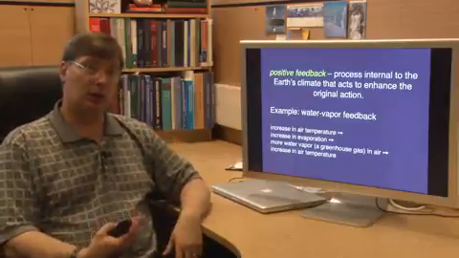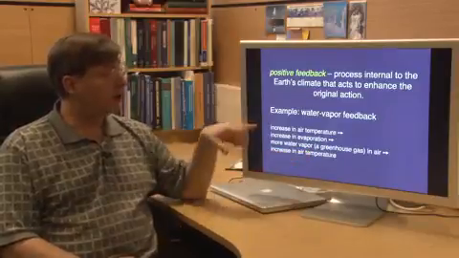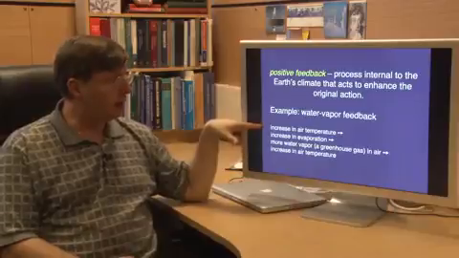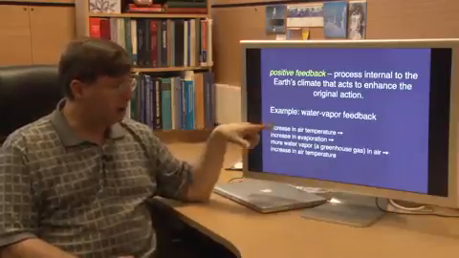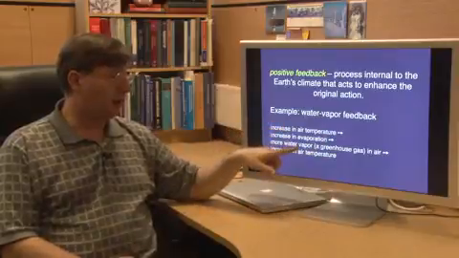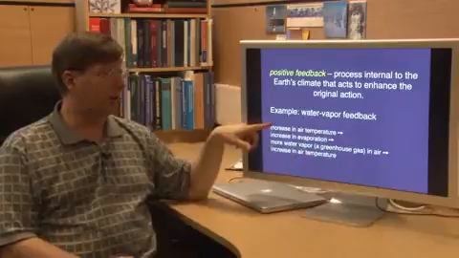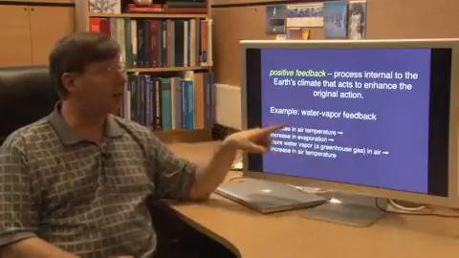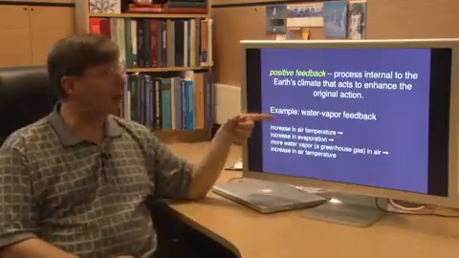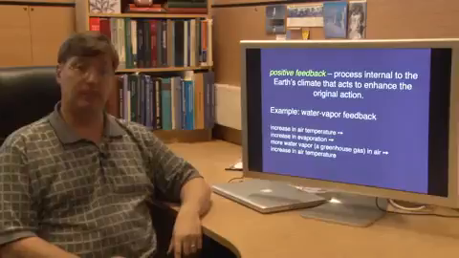This will lead to an increase in the air temperature. So the idea here is that through the positive feedback, the initial increase in air temperature will put more water vapor in the air, which will lead to a further increase in the air temperature. And this is the positive feedback. An initial increase leads to a further increase.